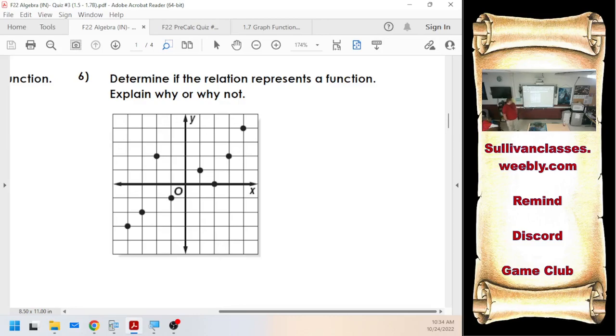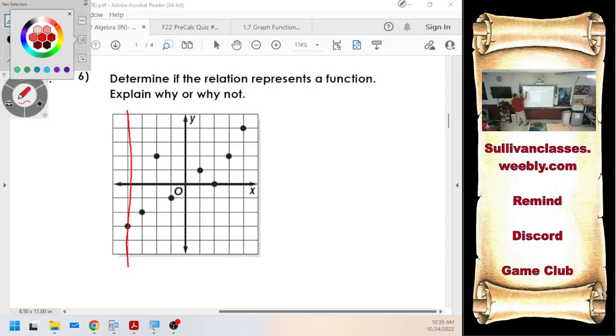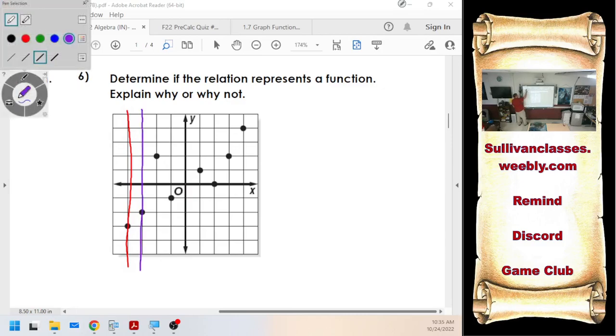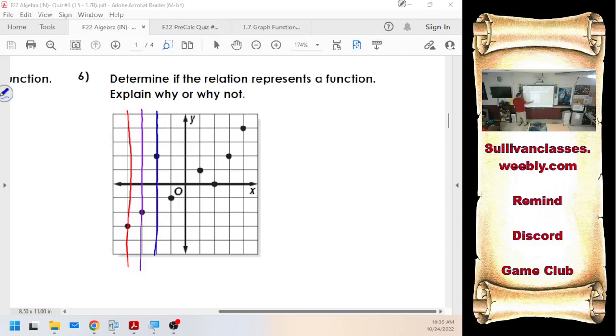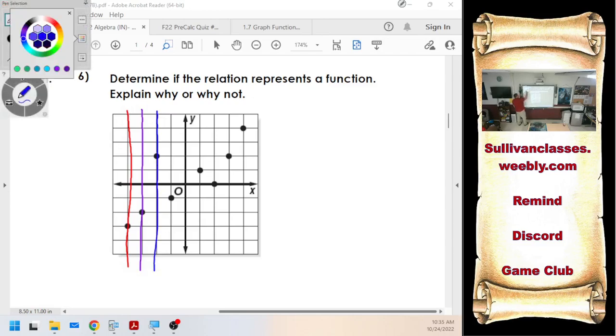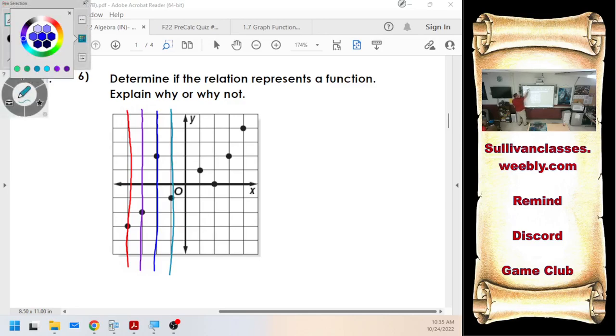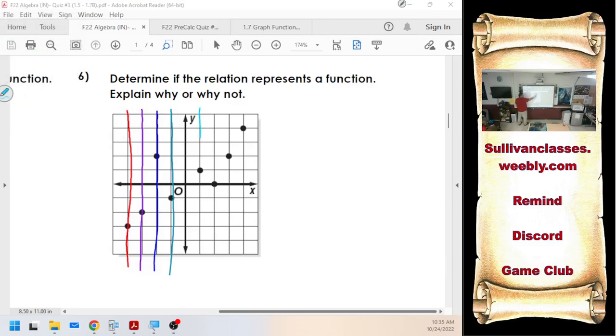Why? Line test. Okay, I see a dot, I'm going to make a line. Only hit it once. I see a dot, only hits it once. I see a dot, only hits it once. Uh-oh.